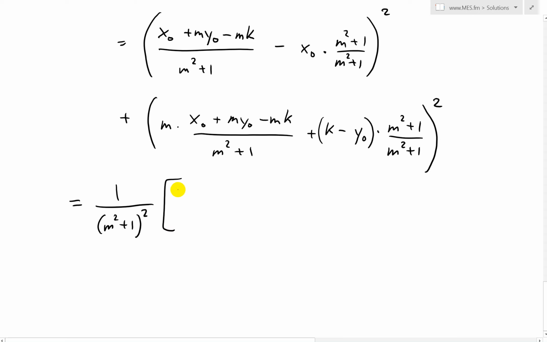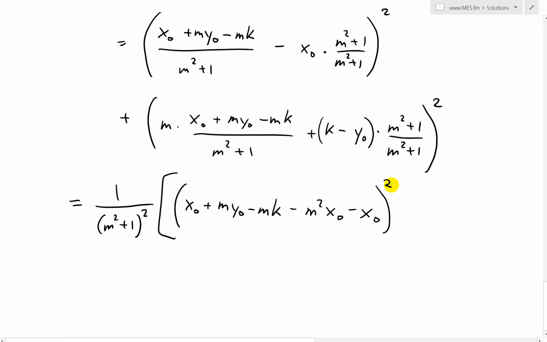I'll put this giant bracket like this because we factored all that out. So now put a regular bracket there. Now we have x0 plus m y0 minus mk minus, now we can multiply that inside, I'll put the m squared in front, m squared x0, and then minus x0 like that, squared.